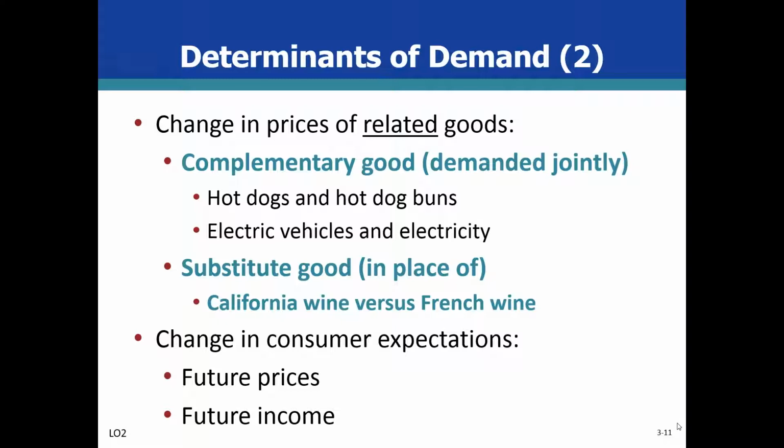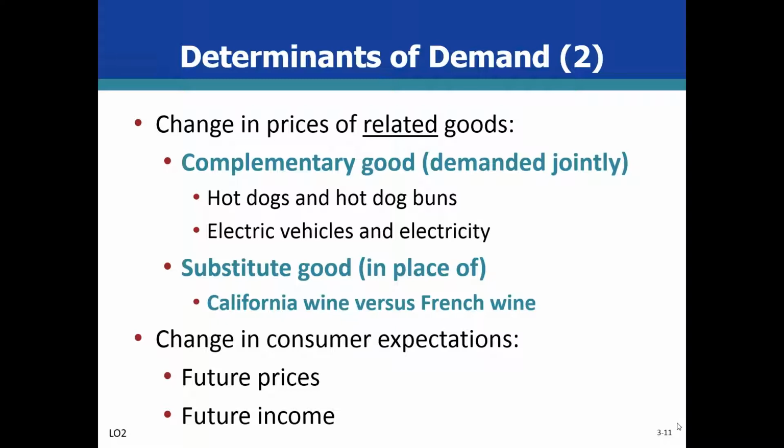Consumer expectations also matter. Demand for a good could shift outward if consumers think that the price of certain goods are going to go up in the future, so they want to get those particular goods or services at today's lower price, before the prices go up.